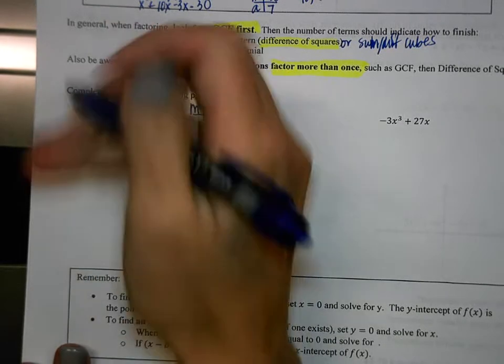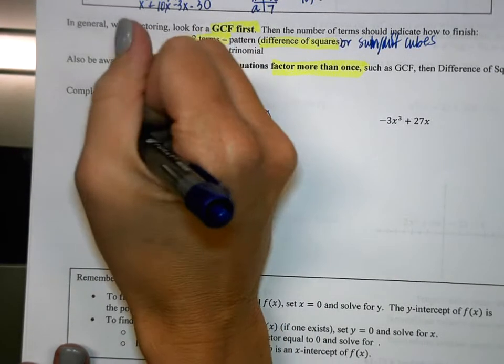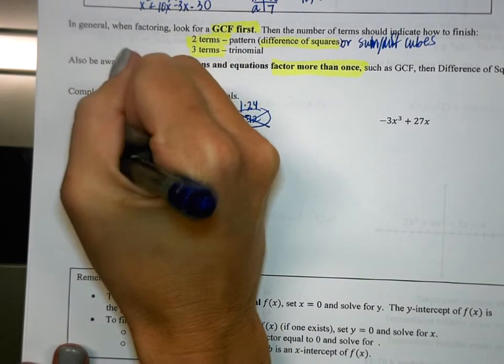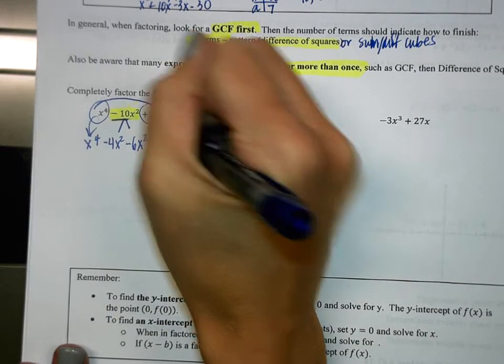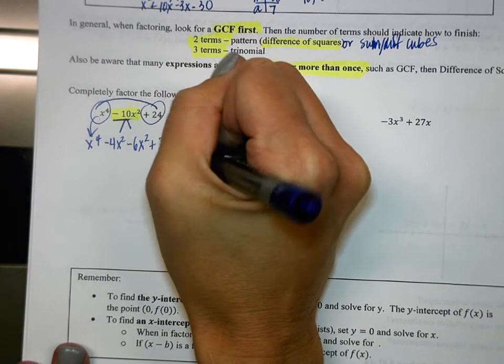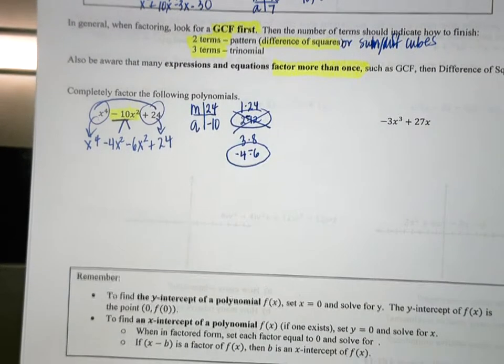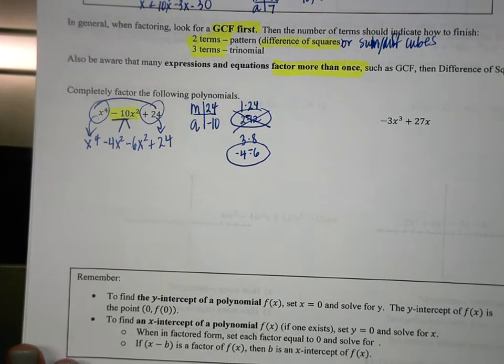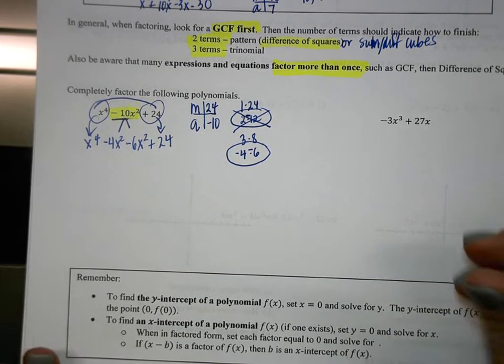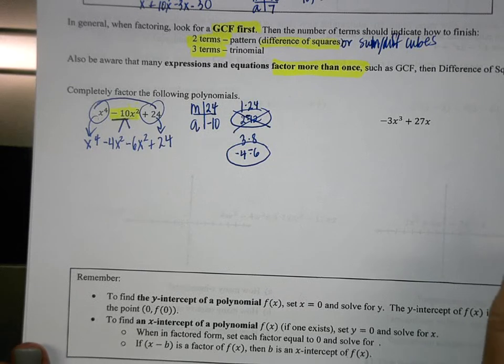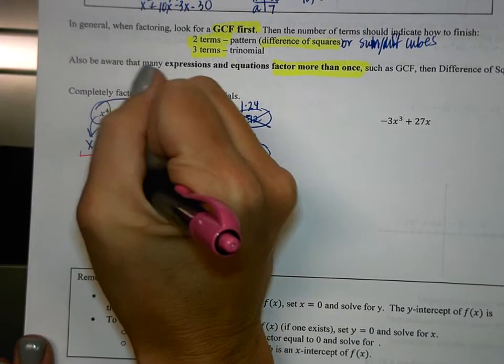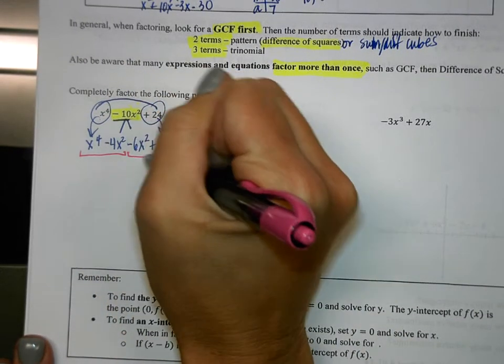Okay, and then these numbers don't change. So x to the fourth is still in front, x to the fourth, and 24 is still at the end. Okay? Who remembers what to do next? Not combine like terms. Good, a group, right? We are factoring by grouping.